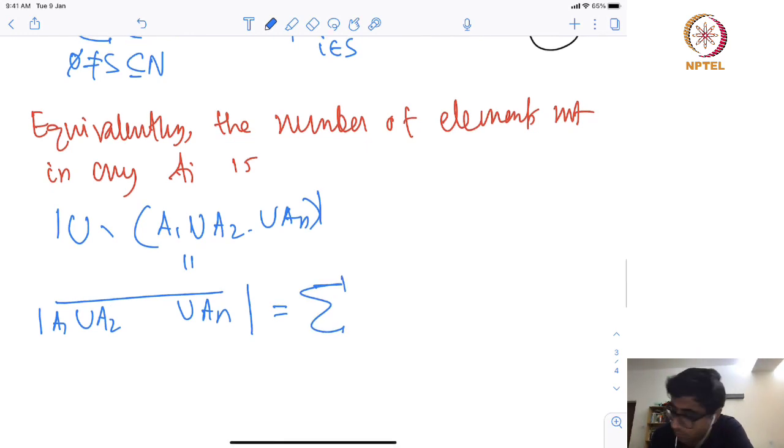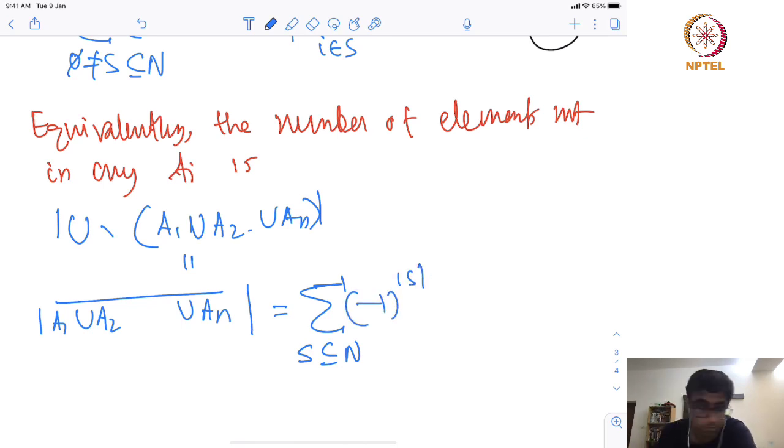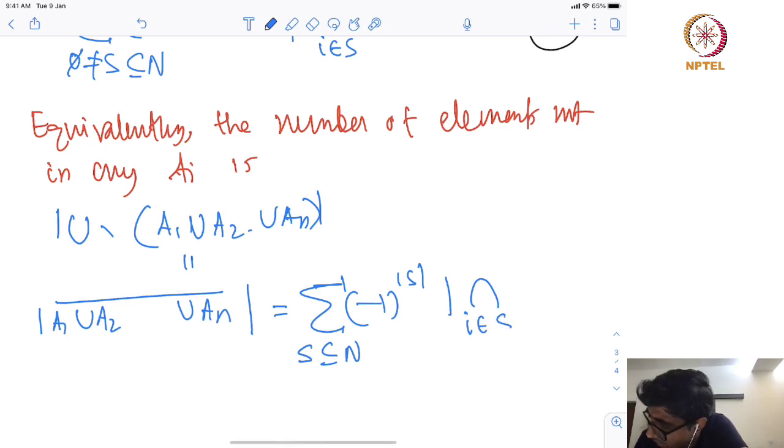We will prove this in a minute, do not worry. It equals the sum over S subset of [n] of (-1) to the power |S| times the cardinality of the intersection of A_i for i in S.